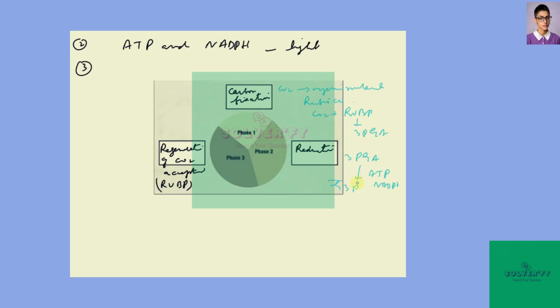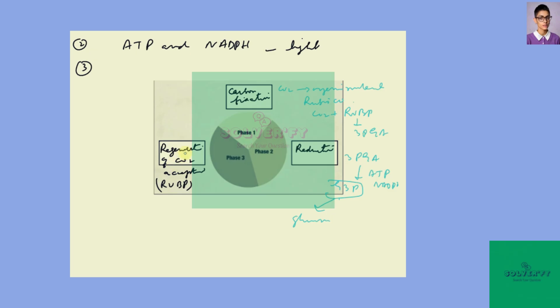And some of these glyceraldehyde 3-phosphate molecules are used to make glucose and other organic molecules, while the rest continue to the next phase, which is the regeneration phase.